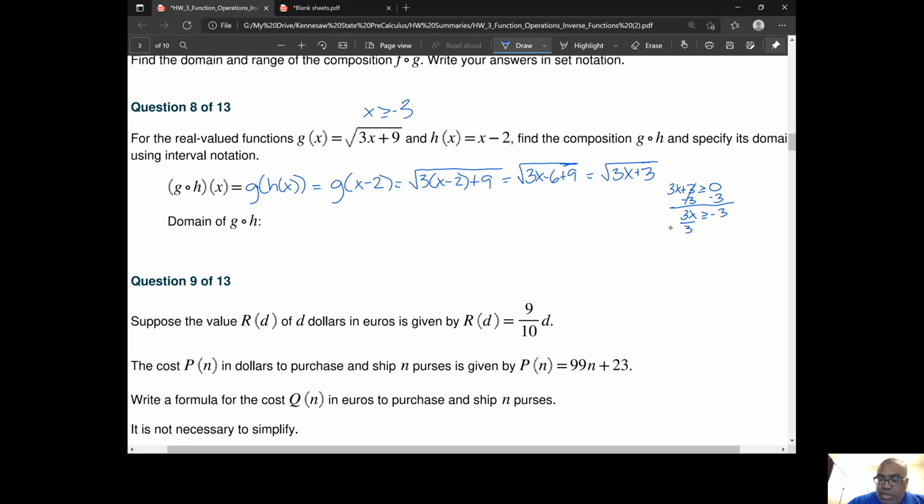Divide by 3. That means x is greater than or equal to negative 1. So for this one, x is greater than or equal to negative 3. For this one, x is greater than or equal to negative 1. So this domain is more restrictive than that one, so that becomes our domain. In interval notation, we say negative 1 to infinity.